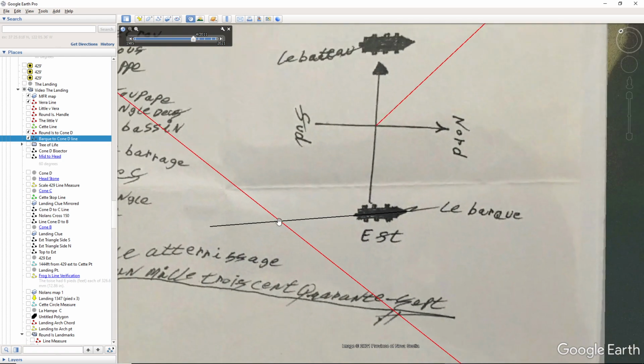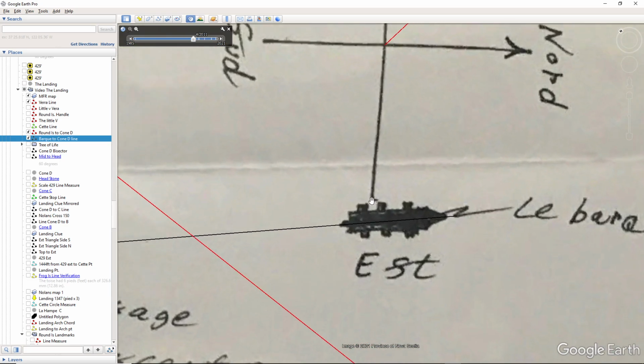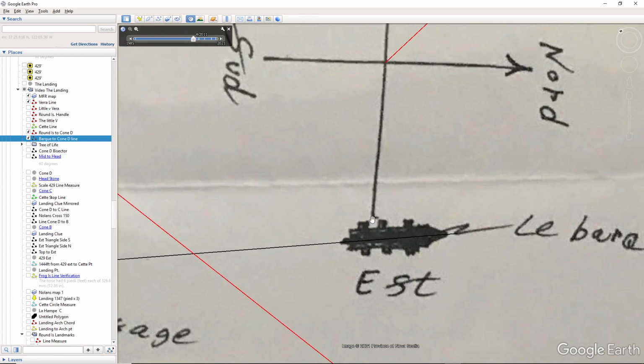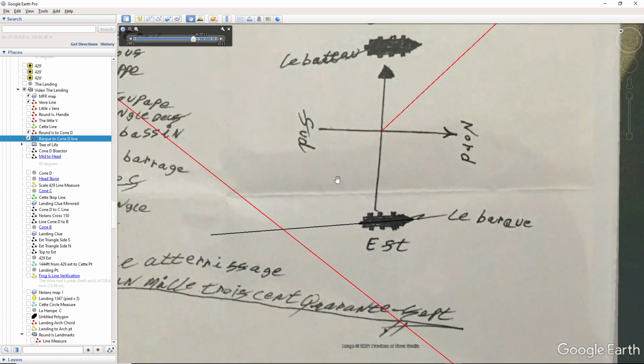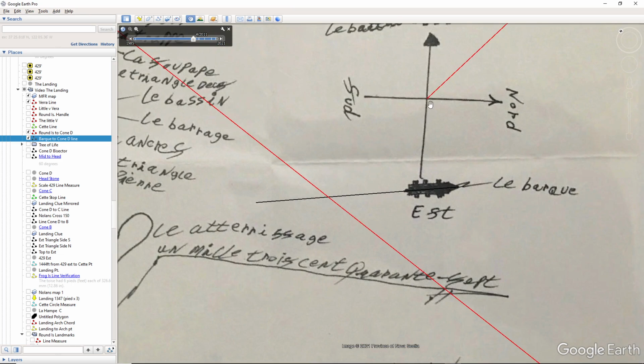Now, when we see this association here with the bark and this to a center point, we understand that this can possibly be an instruction to go perpendicular from point D or cone D to the center here, which would be the headstone.